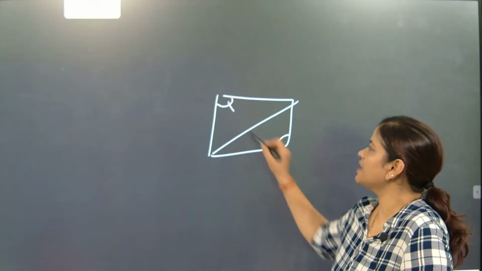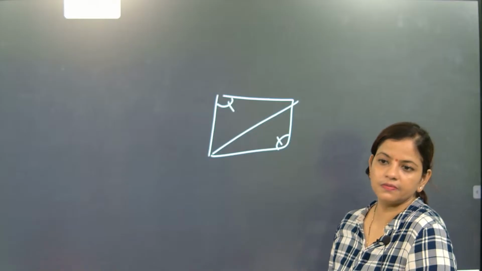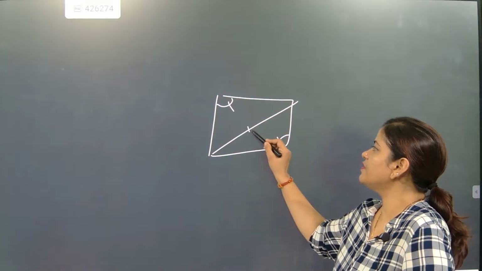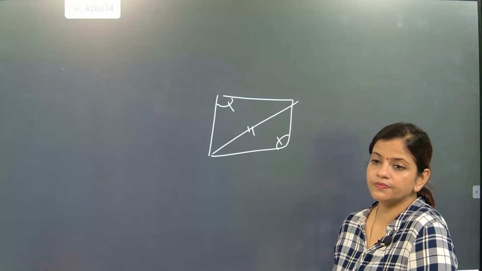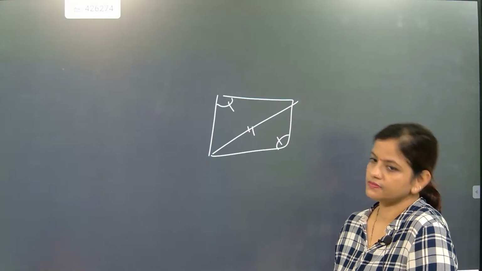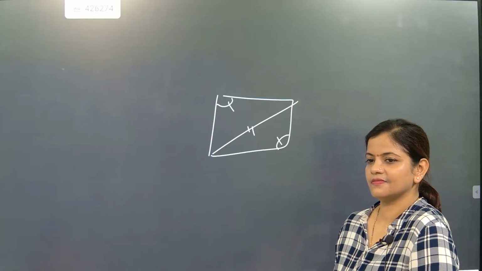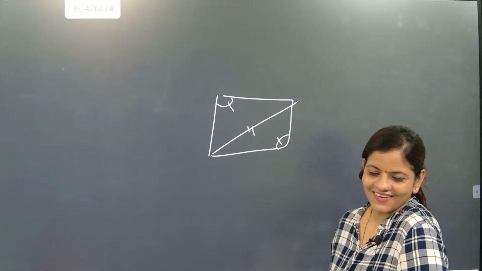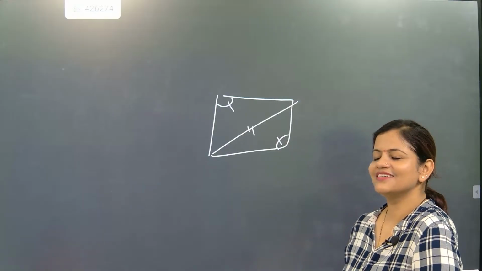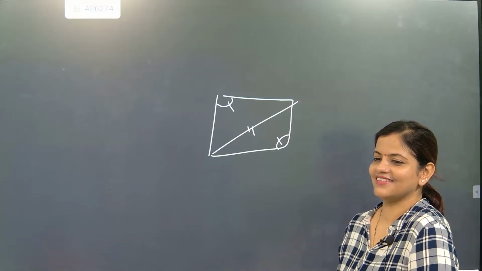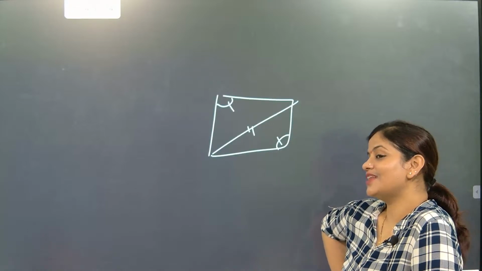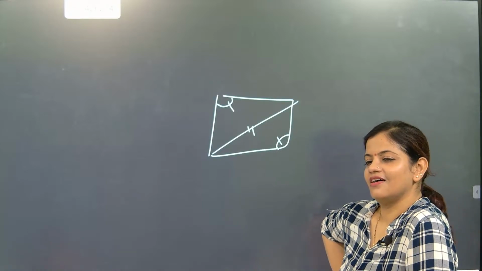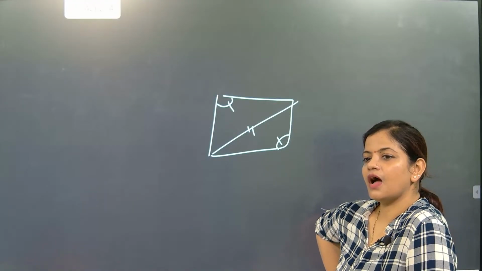So that means this angle is equal to this opposite angle. Next one, what can we do? That angle is equal to that angle, how? Opposite angles.